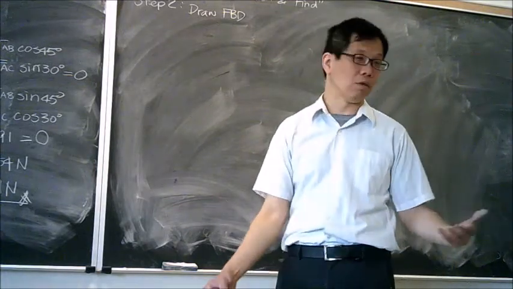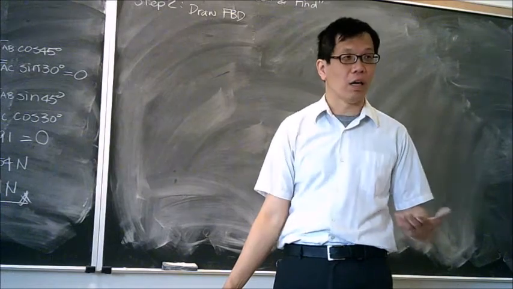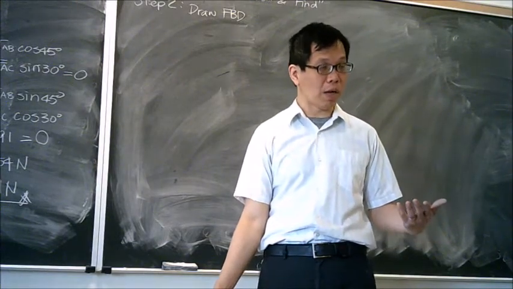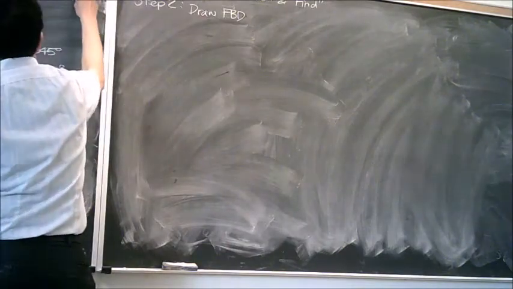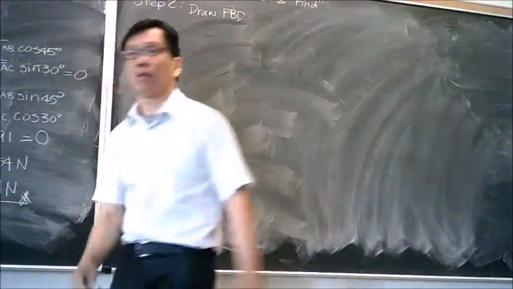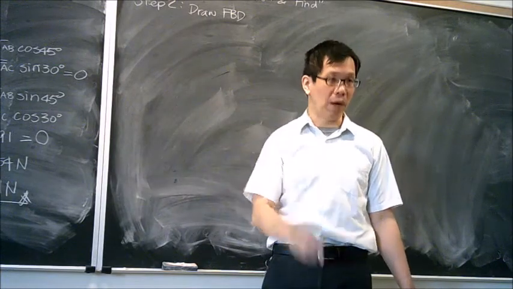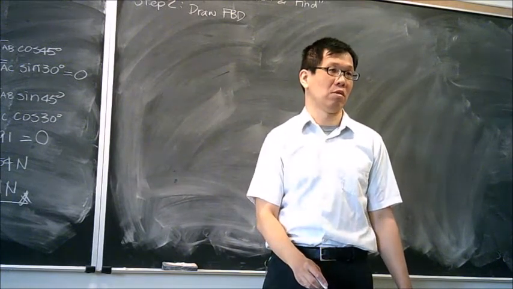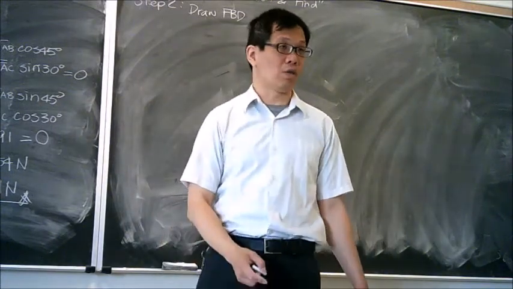That's something you need to do anyway. The other thing is to define which direction is your positive direction. In most cases, right hand side and upward are my positive directions. But it is not always true.